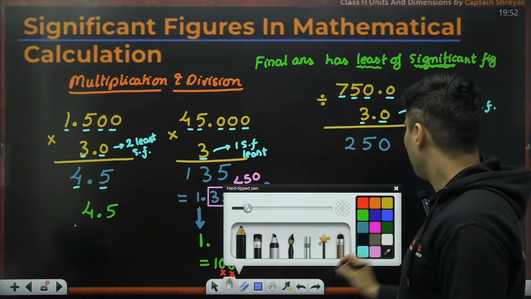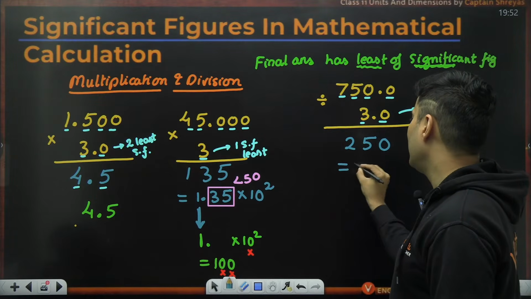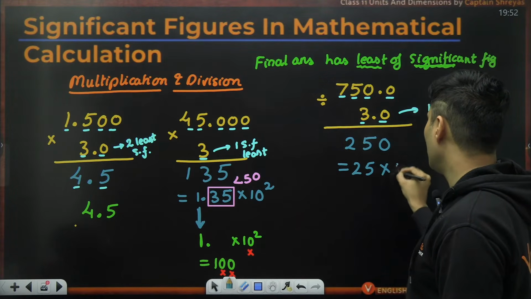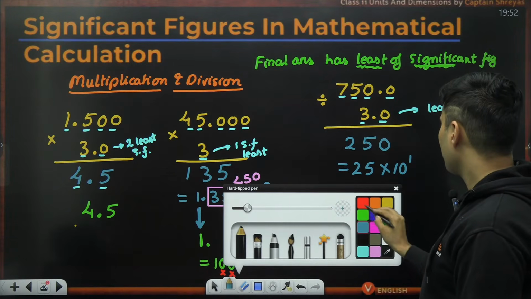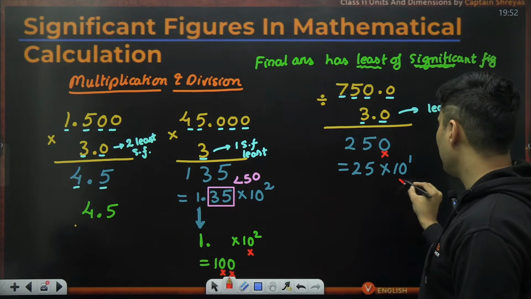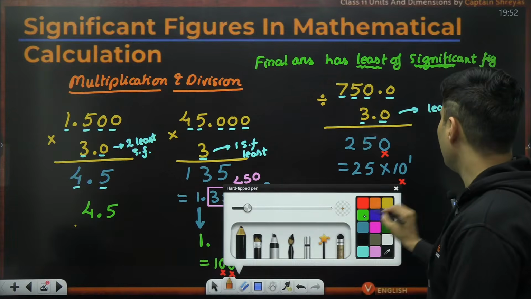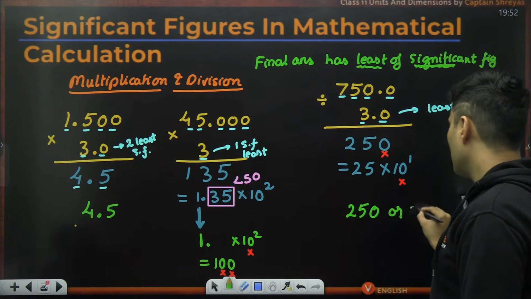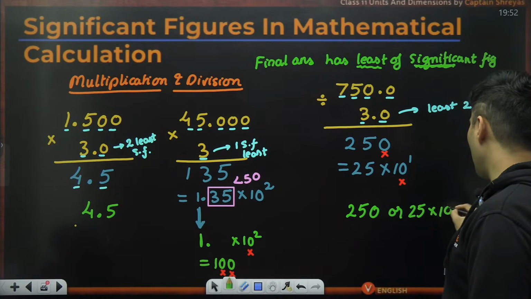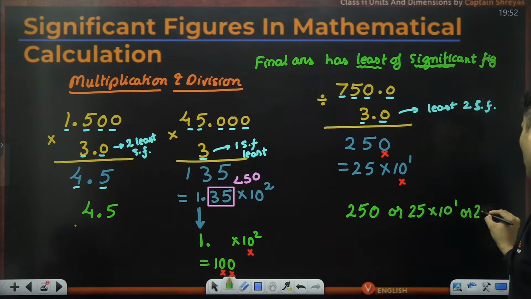Okay. Over here, two significant figures only. So 250, can I write it as 25 into 10 to the power 1? Actually speaking, over here, this 0 was anyways not significant. This was also not significant. So either you can write the answer as 250, or 25 into 10 to the power 1, or 2.5 into 10 to the power 2.